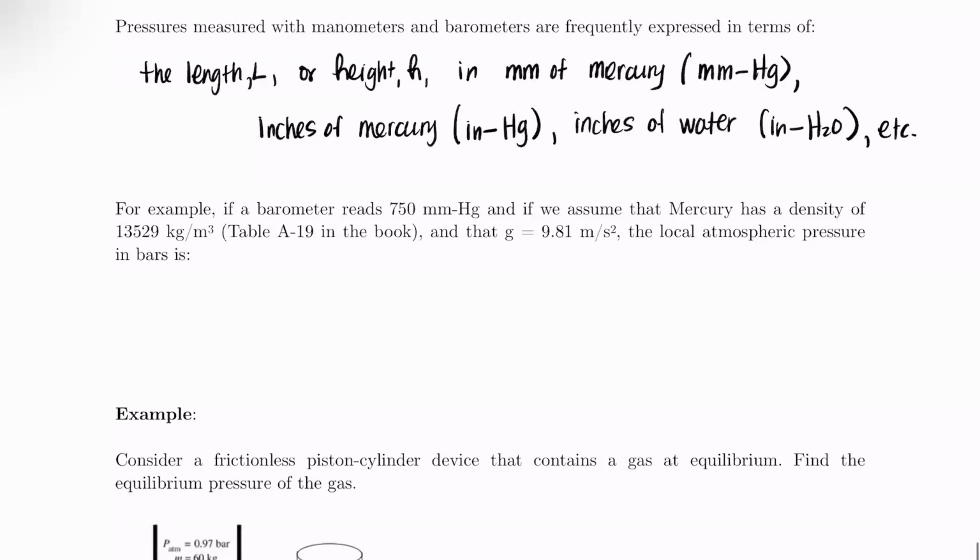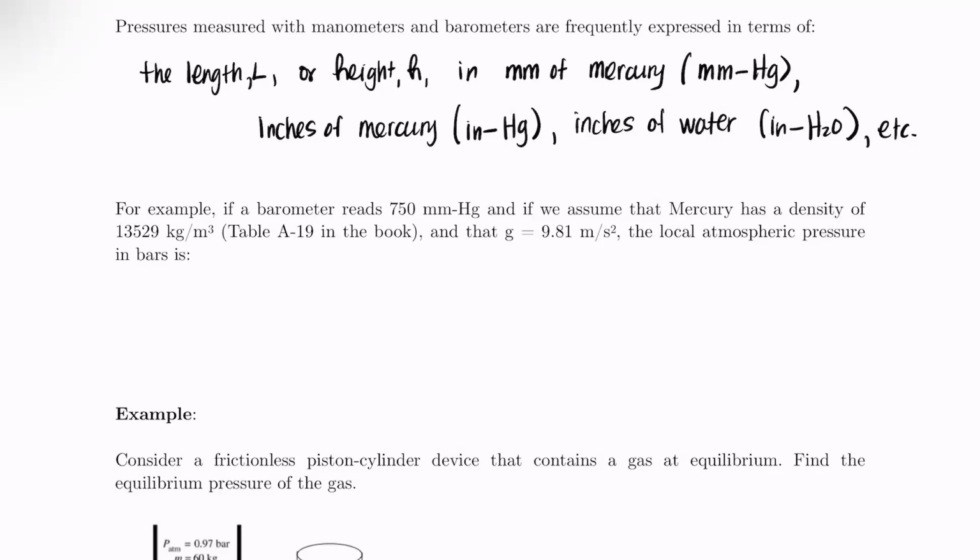Just to show you how you might do that, we're going to do an example where the barometer reading is 750 millimeters of mercury. We're going to assume that mercury has a density of 13,529 kilograms per meter cubed. That's from a table in your book. And then the typical value of gravity.